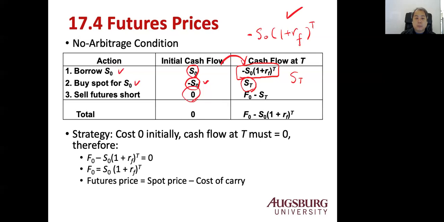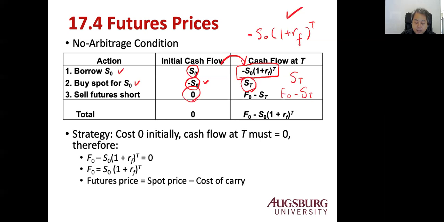Selling futures means you are better off if the price declines, or you have a loss if it increases. So the payoff from futures will be the futures price minus the price at maturity date. This is the short position payoff.